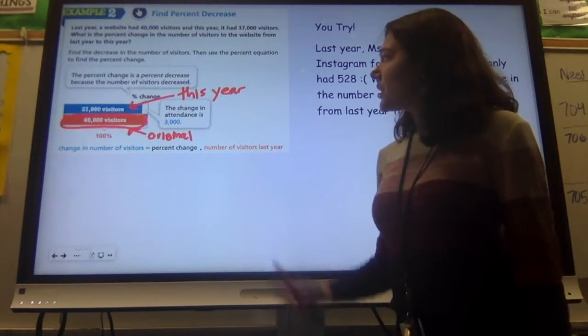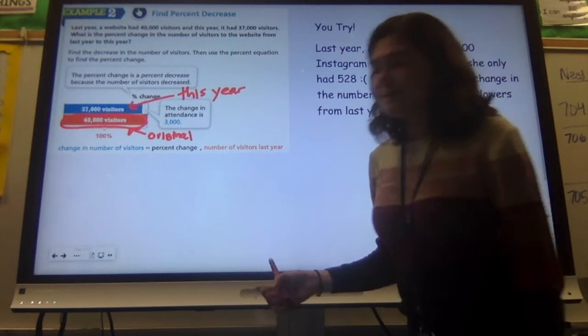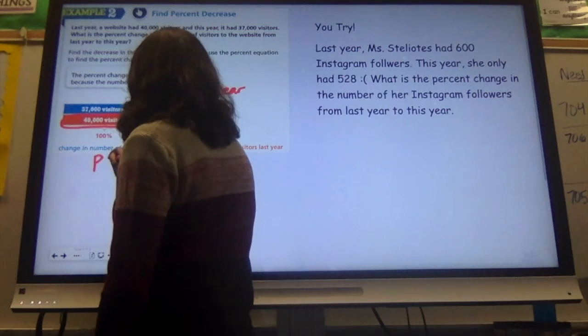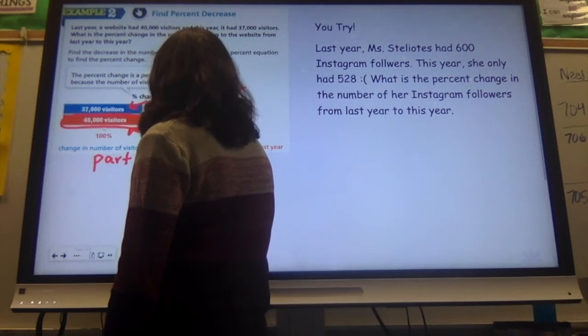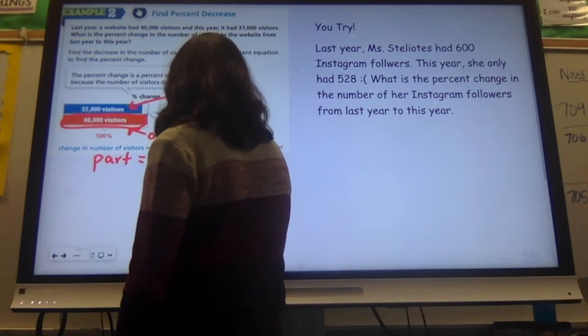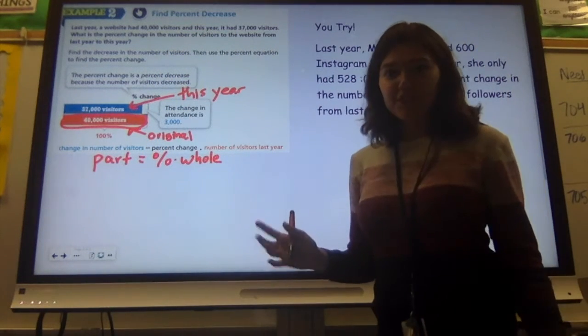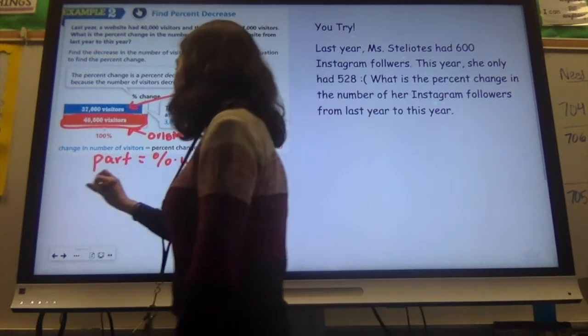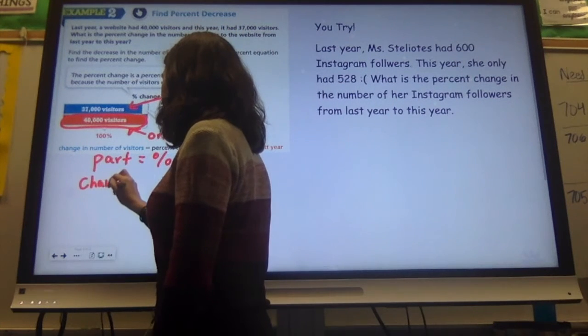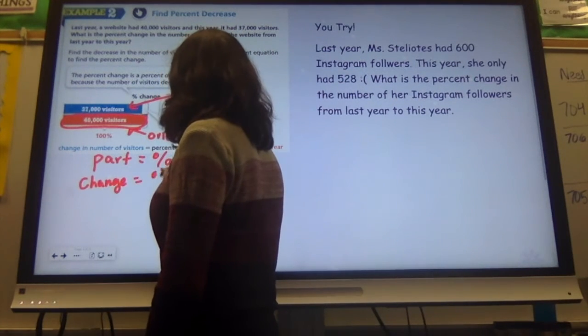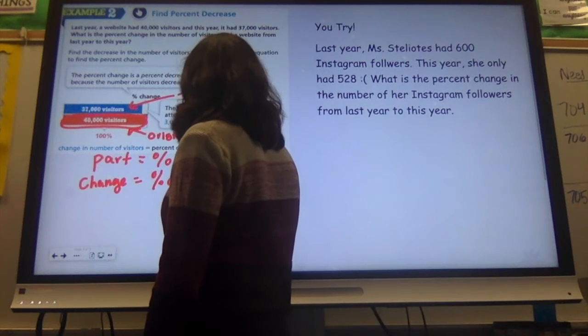Okay, so we're going to use the percent equation. We know generally that part equals percent times whole. And then now we have this modified version where we're going to think of the part as our change. Our percent is our percent change.